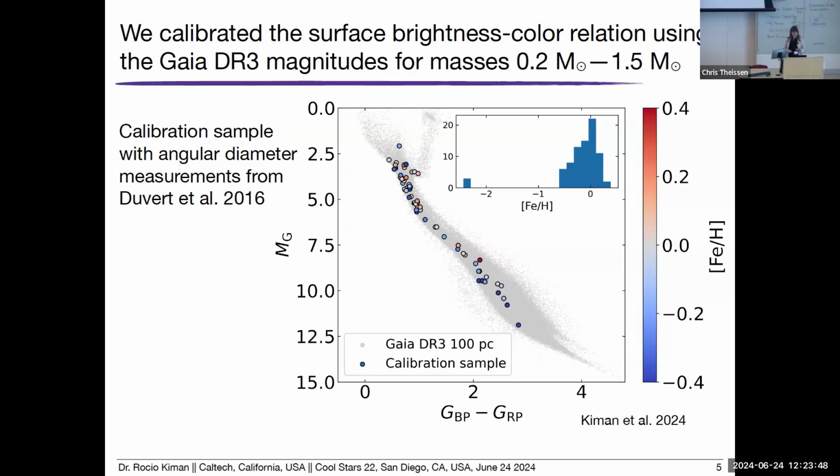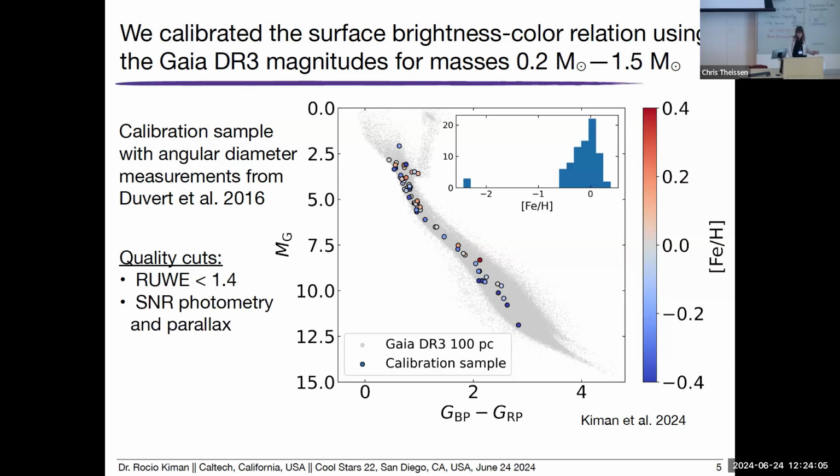So taking advantage of Gaia, we made quality cuts to keep the best possible sample. And those quality cuts are the RUWE number smaller than 1.4 to keep the most possible single stars and remove the possible binaries. Cuts on signal to noise ratio for photometry and parallax.